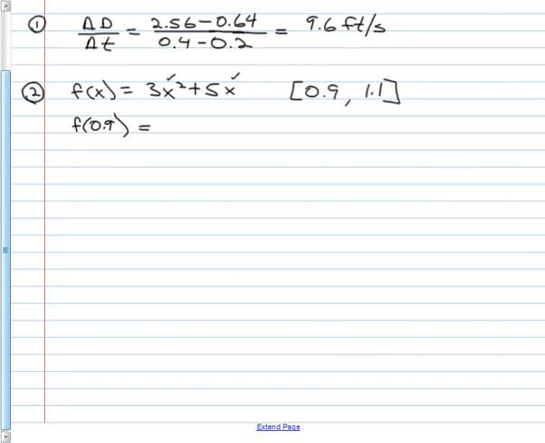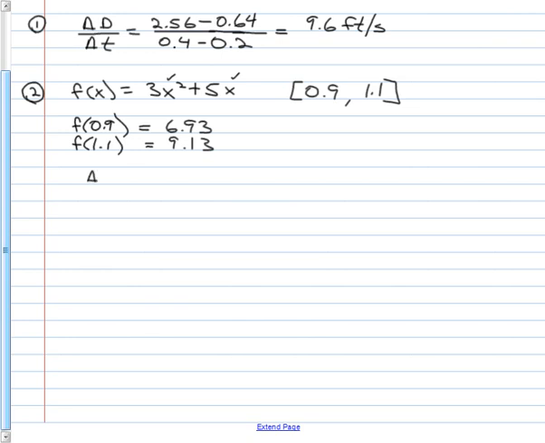6.93. And if we put 1.1 in, 9.13. So we're wanting a rate of change.